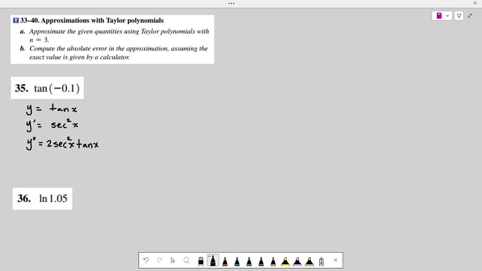Still secant squared. Because the 2 comes down in front, you have 2 secant to the 1, but then the derivative of secant is secant tangent. So the second derivative is 2 secant squared tangent. What's the derivative of secant? Secant tangent.